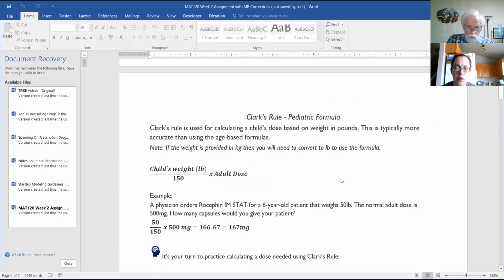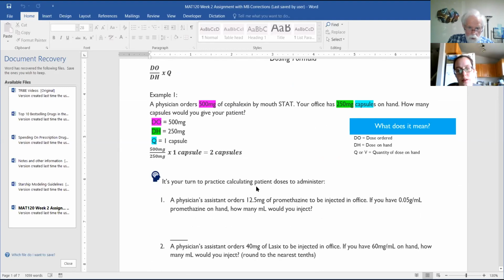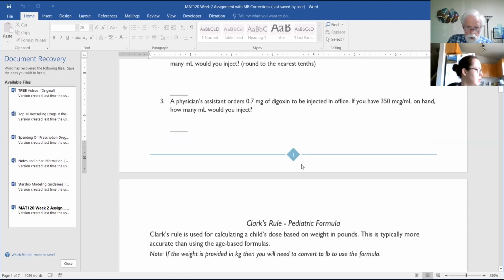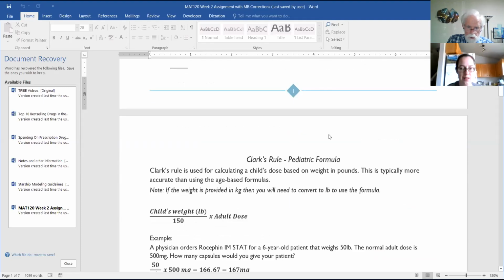However, this assumes it's an adult dose. We haven't been told who this patient is. But we're going to assume that we're talking about dosing adults. When we are looking at reducing an adult dose for a pediatric formula, and pediatric in the case of medicine has a couple of definitions.